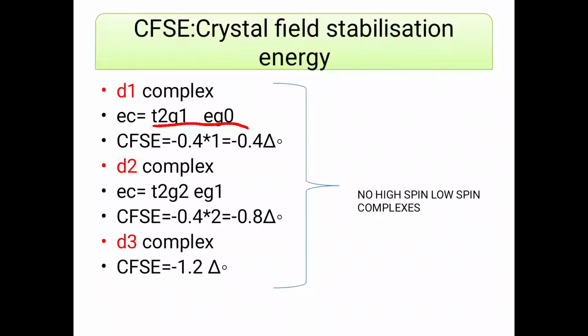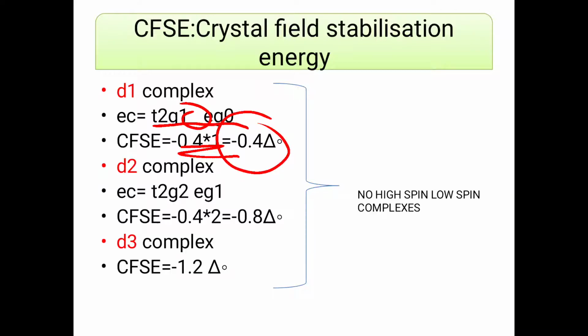So based on the stability, t2g will be filled first, followed by eg. For the d1 complex, that t2g1 electron you need to multiply by minus 0.4, and this gives you your crystal field stabilization energy. For the d1 complex it is minus 0.4 delta naught.